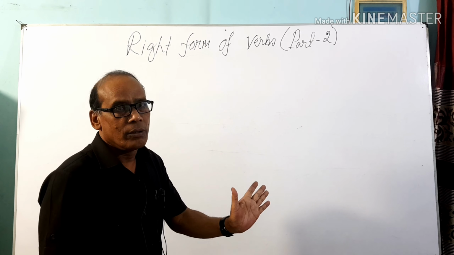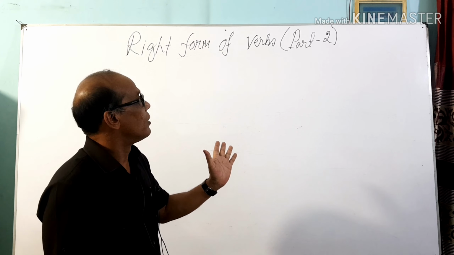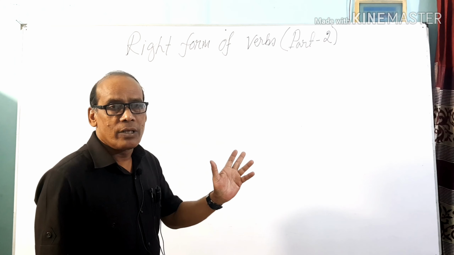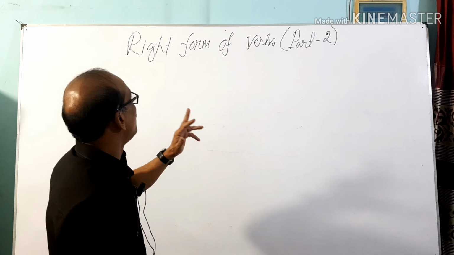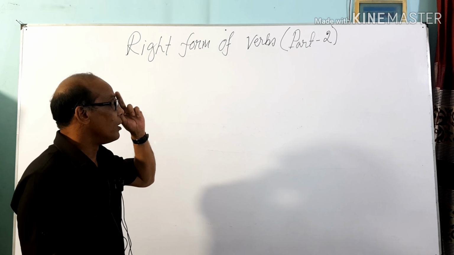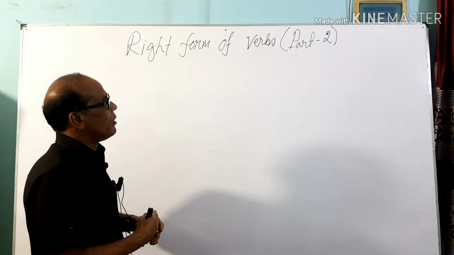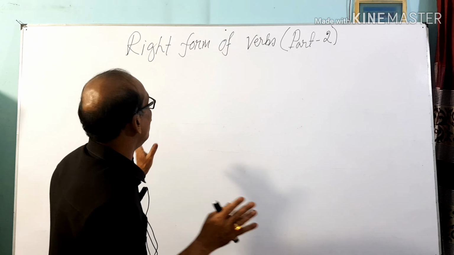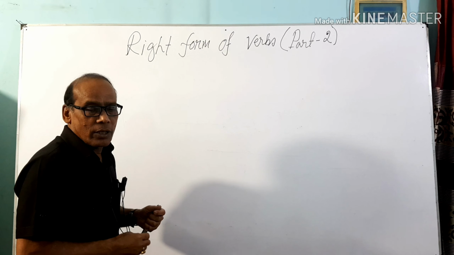In the last video, I discussed part 1 that comprised 10 rules, and today part 2, right form of verbs, part 2. Today I will discuss another 10. I think you will remain with me and enjoy the session.